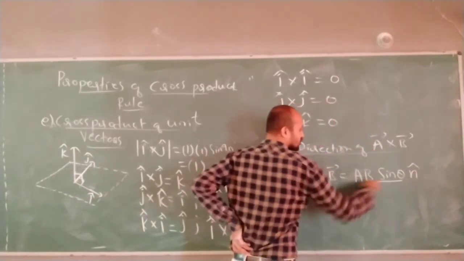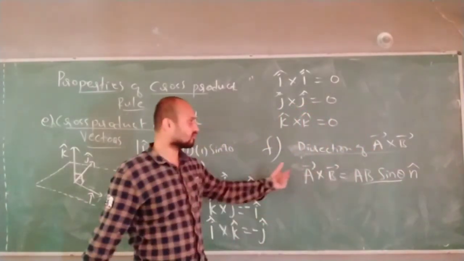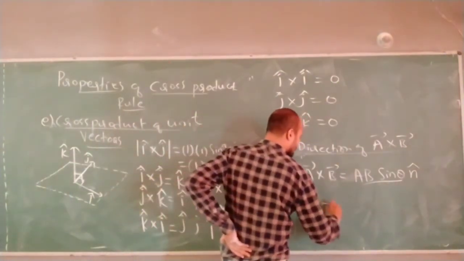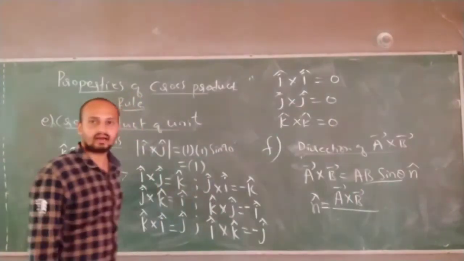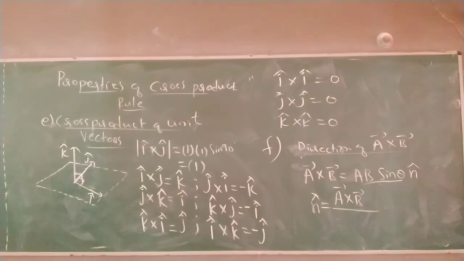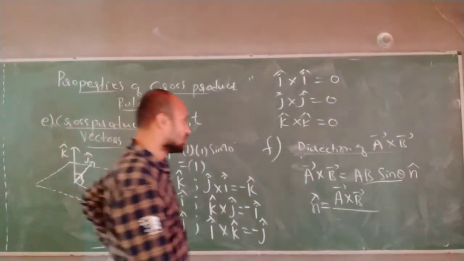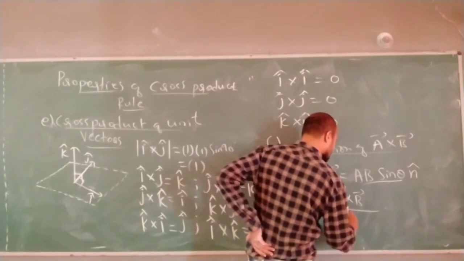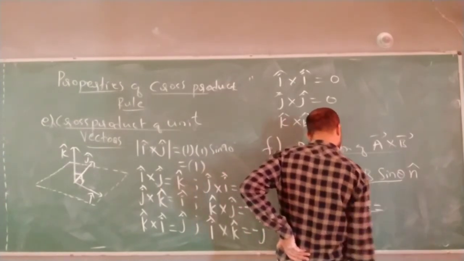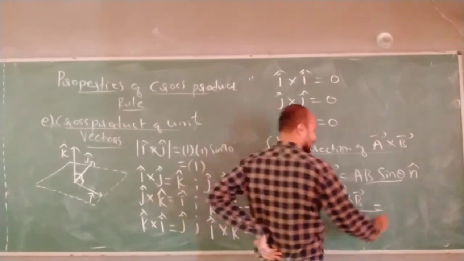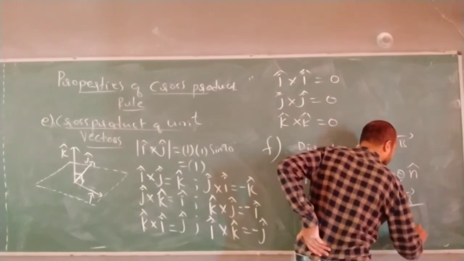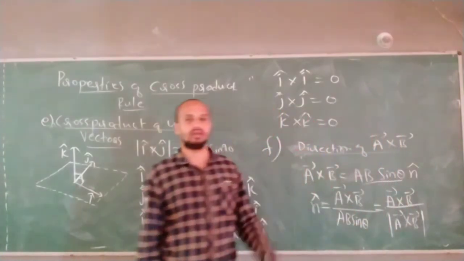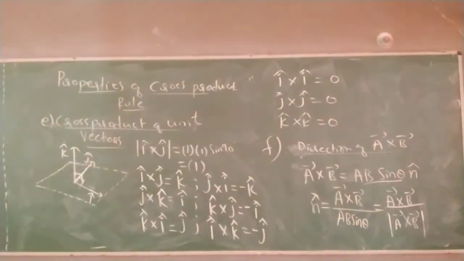AB sin theta refers to magnitude, n cap refers to the direction of A cross B. So n cap can be written as A cross B divided by AB sin theta, or you can write A cross B divided by mod of A cross B. What is mod of A cross B? AB sin theta.